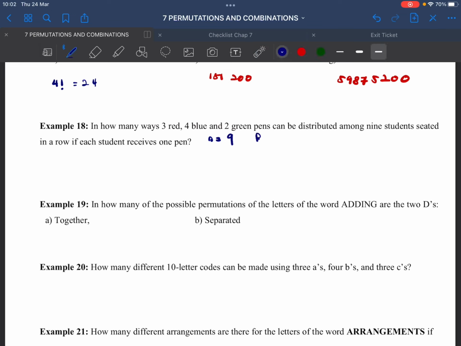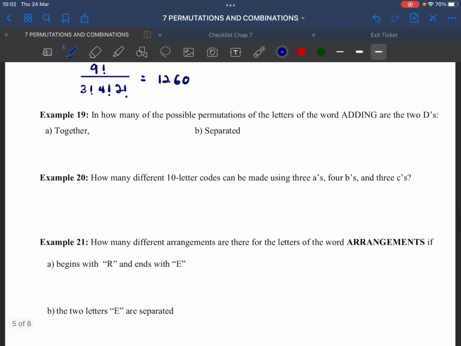Okay, red pen ada 3, blue pen ada 4, green pen ada 2. So that is the repeated object. Okay, so how are we going to calculate this? Is simply n factorial divided by 3 factorial, 4 factorial, 2 factorial. And that's gonna be 1260.